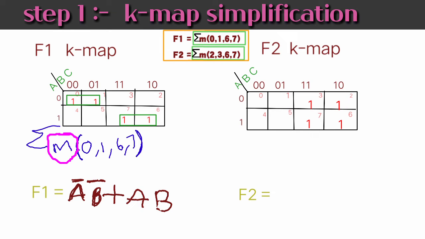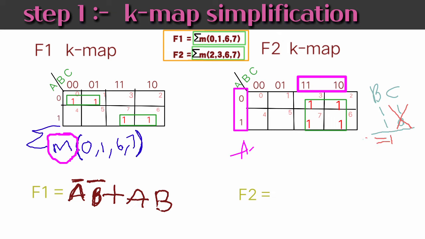And in the table a quad is possible. In the quad the values are 1, 1, 1, 0. In that, 1, 0 is cancelled, then B equals 1. In the quad the adjacent is A equals 0, 1. In that, 0, 1 is cancelled. Then the final answer is B.